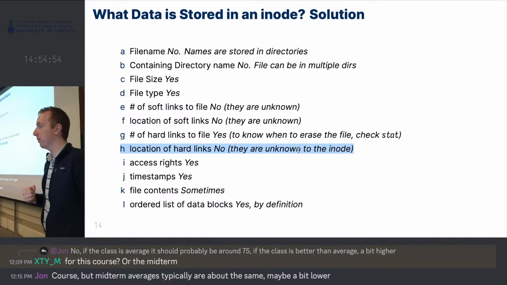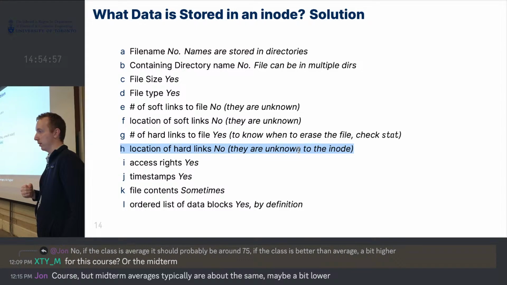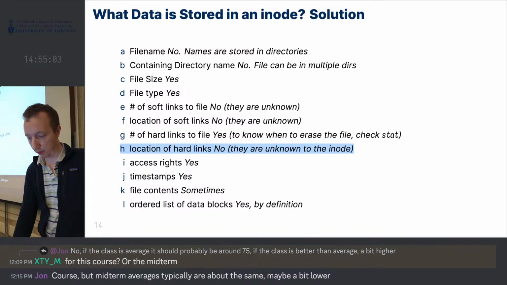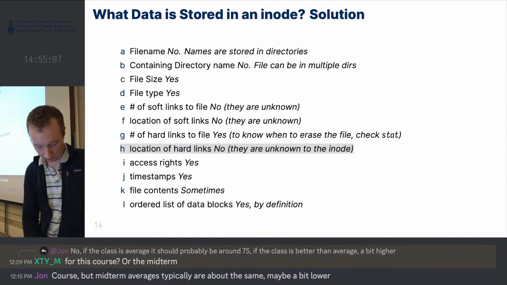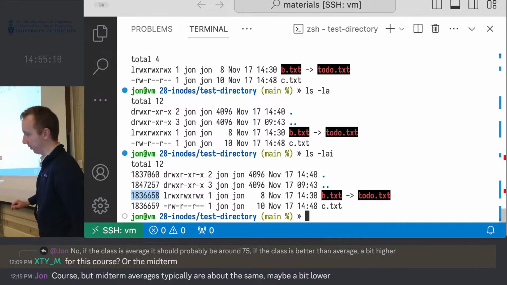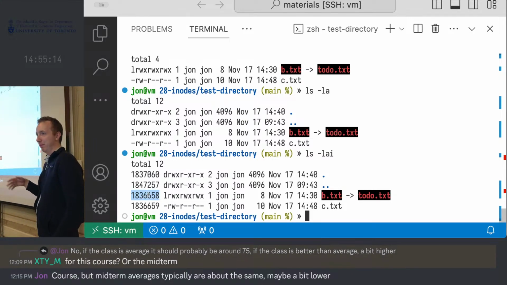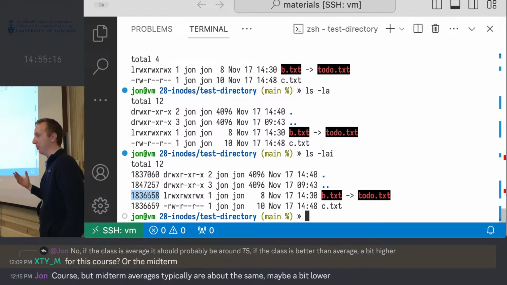So the directories store the tuple that you mentioned, but they don't store the soft links, because those are just names. Technically, a soft link is also an inode. I said name to name, but that's just a shortcut.